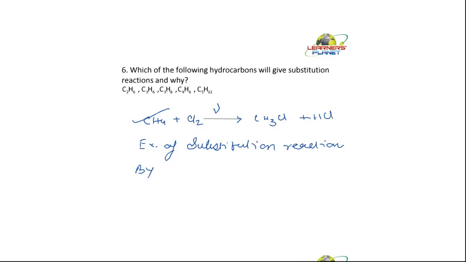Okay, now let's check out what can give substitution reaction. It can be given by alkanes. Right? So substitution reactions are given by alkanes. Now just check out what all are the alkanes here. C2H6 is an alkane. C3H6, is it an alkane? No. C3H6 is an alkene. I have told you many times. Now I am not going to write the general formula again. C3H8, is it an alkane or alkene?